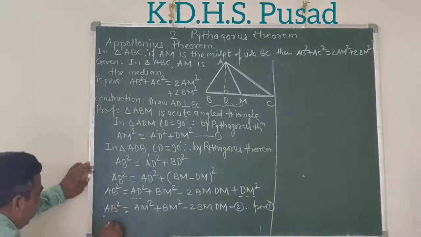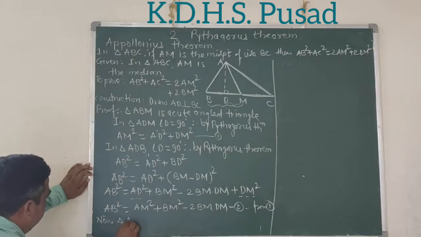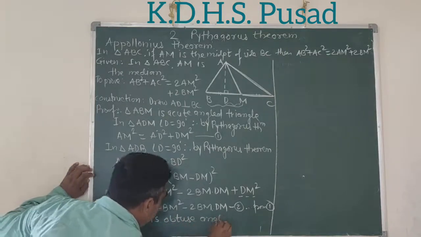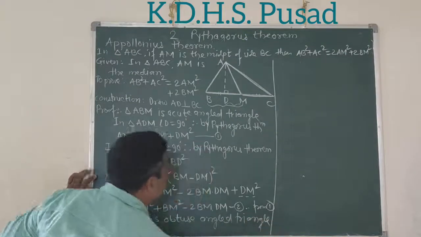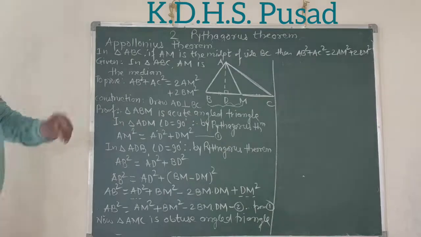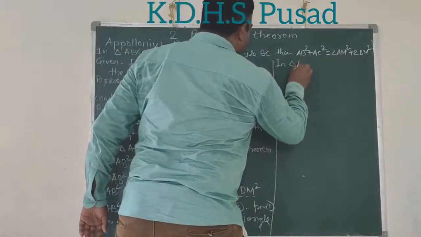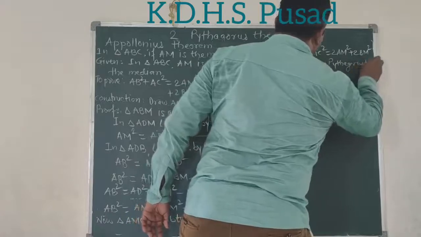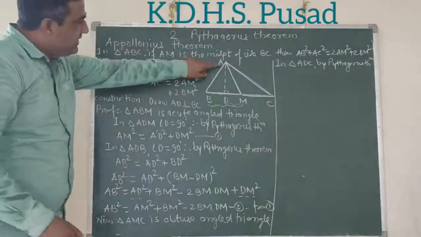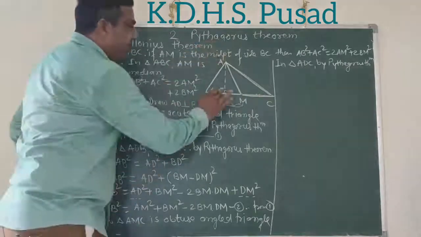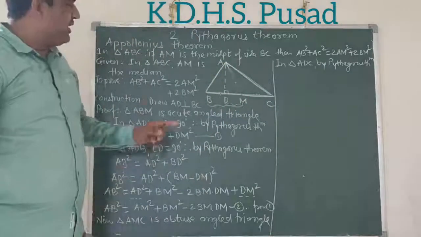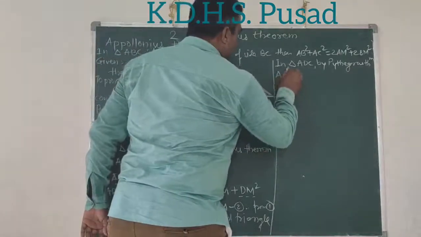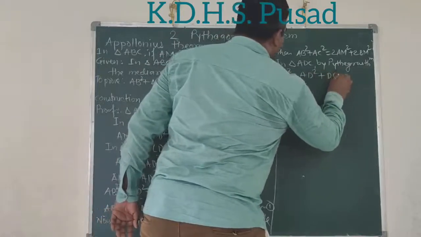So in triangle ADC, by Pythagoras theorem, you get AC square equal to AD square plus DC square.